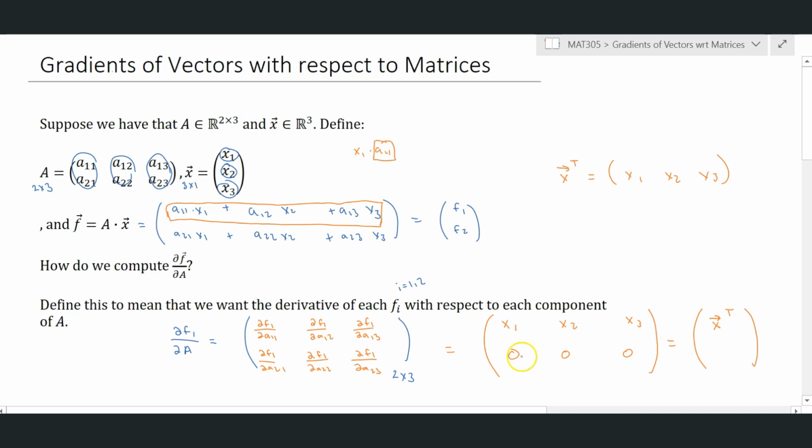This right here is the 0 vector, but when we say the 0 vector, it's a column of zeros. So what we have in that row is the transpose of that 0 vector, which is just 0, 0, 0 as a row. So this is the 0 vector transpose. Notice that this one derivative for f1 with respect to A is a 2 by 3.